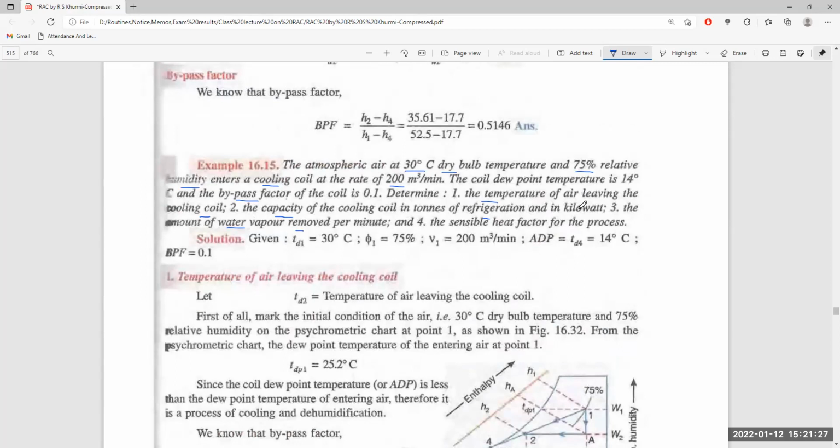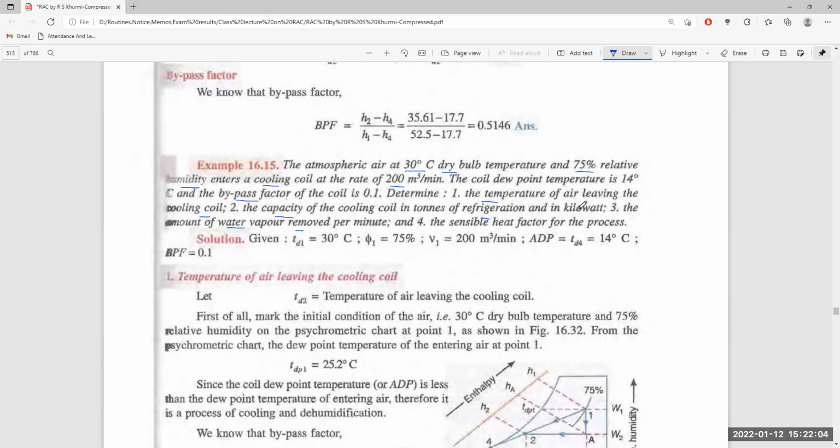The bypass factor of the cooling coil is given by (TD3 minus TD2) divided by (TD3 minus TD1), where TD3 is the temperature of the cooling coil, TD1 is the temperature of the incoming air, and TD2 is the temperature of the outgoing air.